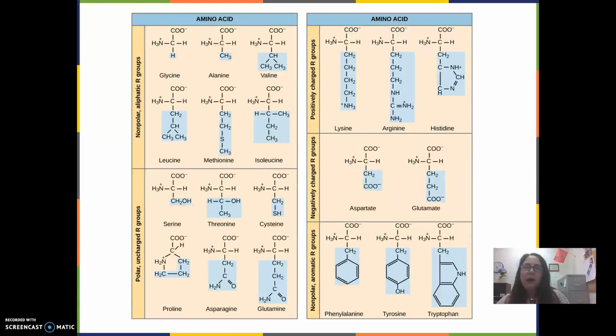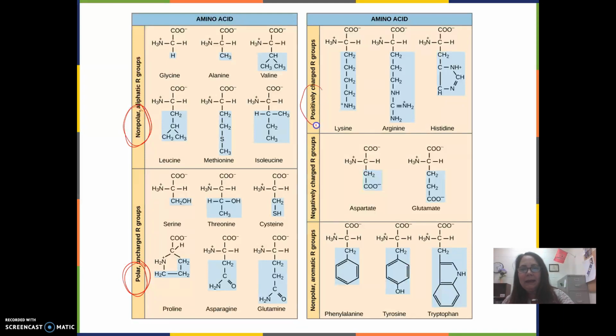A lot of what determines how a protein arranges itself in that phospholipid bilayer are these characteristics in this chart. So if the amino acids on the outside of the protein are nonpolar, then they're going to tend to be found within the fatty acid tail, within the hydrophobic region of the bilayer. If the amino acid is polar, then that means it's going to be soluble in water, or if it has a charge, whether it's positive or negative.